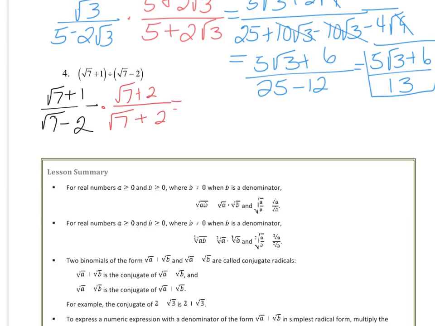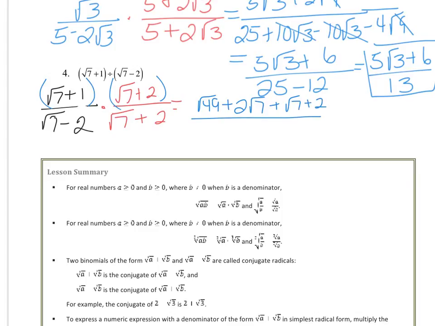And let's see what I end up with. Okay, so I'm going to end up with radical 49 on the top. Oh, I'm going to have to do double distributive property, and it's not conjugate, so I'm just going to have to take my time. So I get radical 49 plus 2 radical 7 plus a radical 7 plus 2.